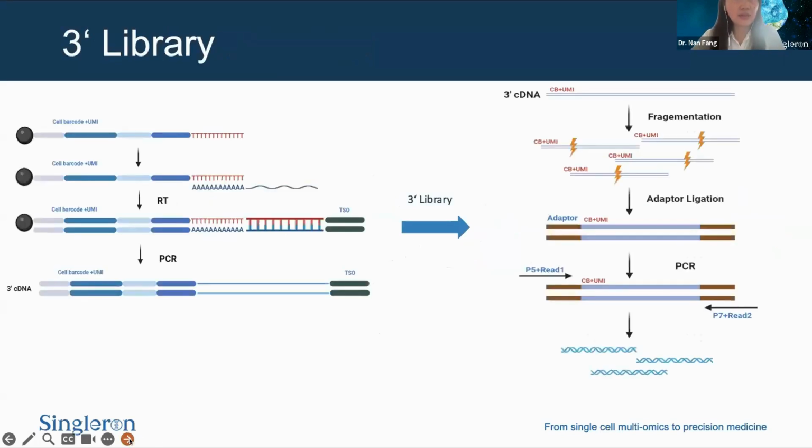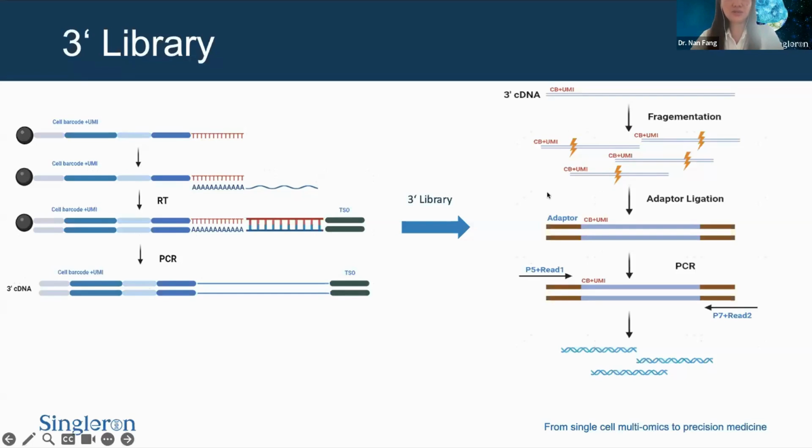I will then show a little bit more details. This shows the technical details a little bit better, because for the MobiuSCOPE technology, we make 2 libraries. One is your typical 3' single-cell RNA sequencing library. And in this case, you have the full-length cDNA. You don't need to do any circularization.